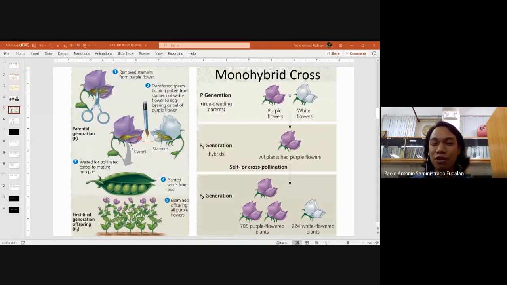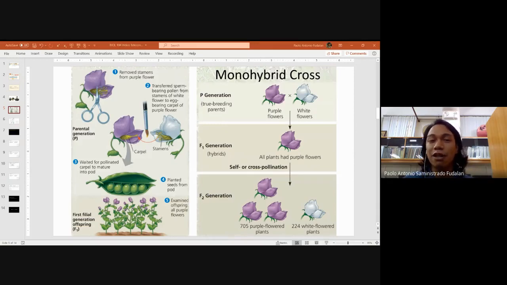In the F2 generation, that's where he observed that the white flower color trait came back. And what's more, when he recorded the numbers, the white flowered plants were approximately 1/4 of all of the F2 offspring. The rest, 3/4, had purple flowers.